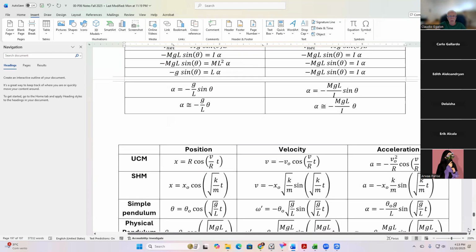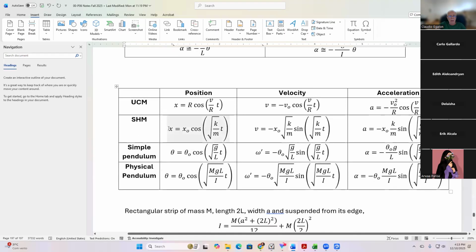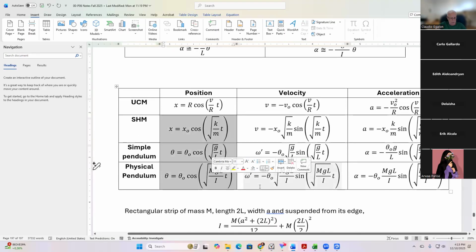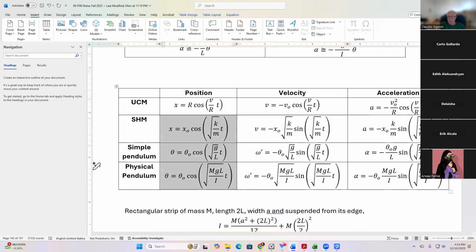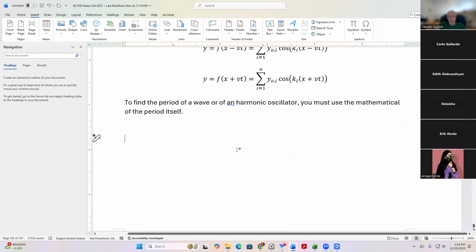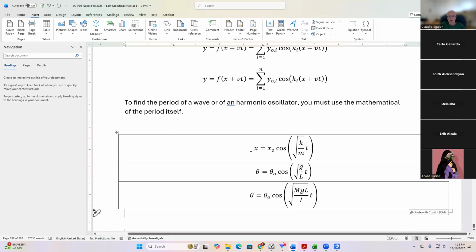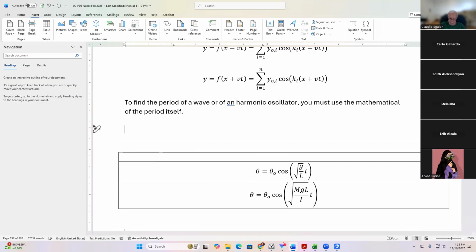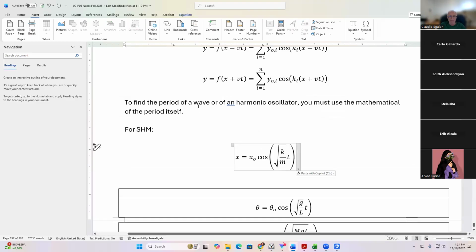I'm going to get it for all three: the harmonic oscillator, the simple pendulum, and the physical pendulum. The techniques are exactly the same. Simple harmonic motion, that's the equation.